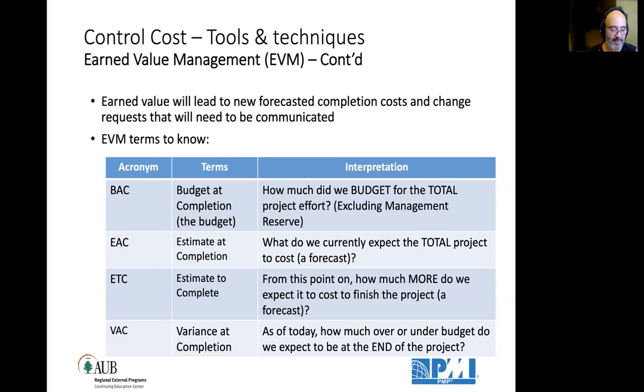At day 0 of the cost and schedule baseline we had a budget at completion. We started working, we had delays, we had changes, etc. So is this budget at completion still the same? No, there's a new estimate for that budget. It's called estimate at completion in earned value analysis.